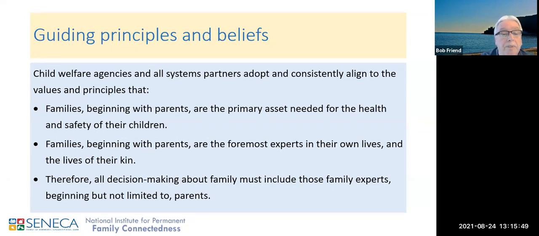So part of where we really focus is these basic guiding principles: that families, beginning with their parents, are the primary asset needed for the health and safety of their children. And that families, beginning with their parents, are the foremost experts in their own lives and the lives of their kin. And therefore, all decision-making about family must include those family experts, beginning but not limited to parents.